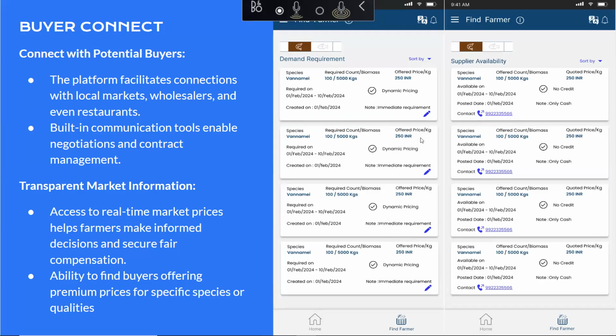Market Connect is also compatible with fish. Even with fish, we are seeing a lot of fish hatcheries who are willing to sell their spawn or fingerlings coming onto our platform.